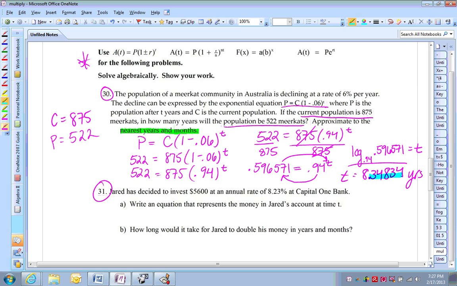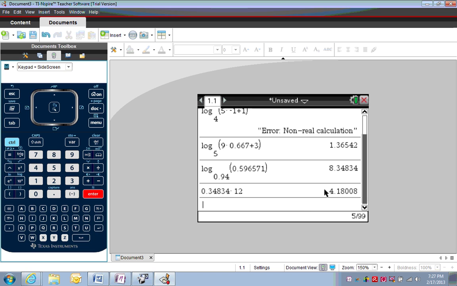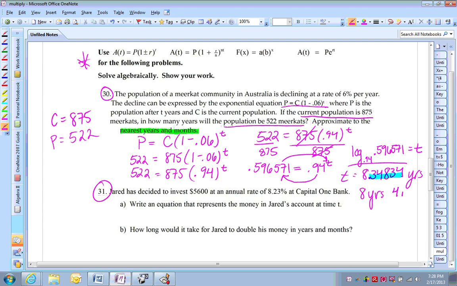So we know that it's going to take 8 years plus so many months. And the way we find out that so many months is multiplying this 0.34834 by 12. So I go to my calculator and I type 0.34834 times 12. And when you enter that, you realize that's about 4 months. So my answer is 8 years and 4 months to this problem.